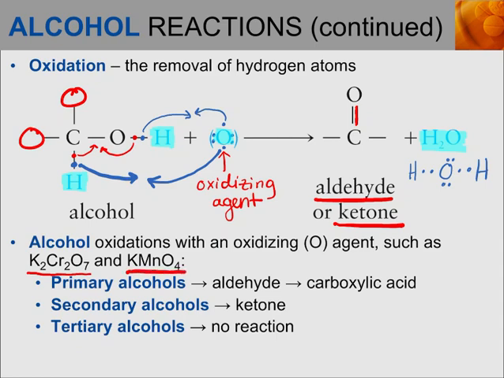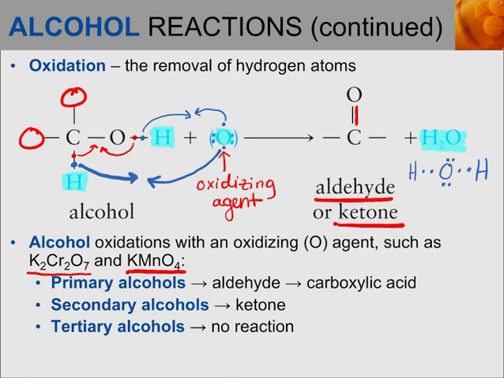So these are molecules that contain a lot of oxygen atoms. So they're perfect for oxidation reactions. So the first molecule is called potassium dichromate, and the second molecule is called potassium permanganate. So either one is fine to use here.